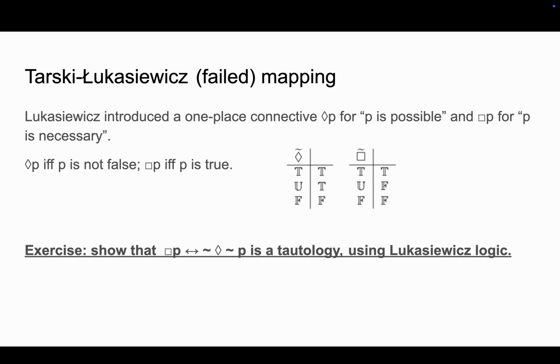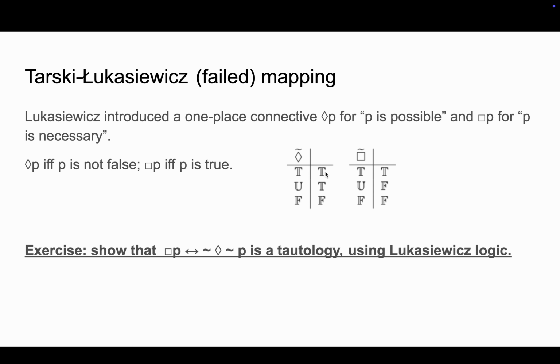When I say that it is possible that Singapore is in Europe, it is equivalent to saying that the statement "Singapore is in Europe" is not false, because this statement may be true or unknown. We do not know its truth value. That's why we say it's possible. I don't know whether it's true. I can't confirm. It's just a possibility. And this can be put on a more formal note by this truth table.